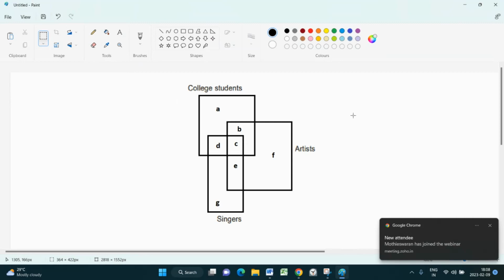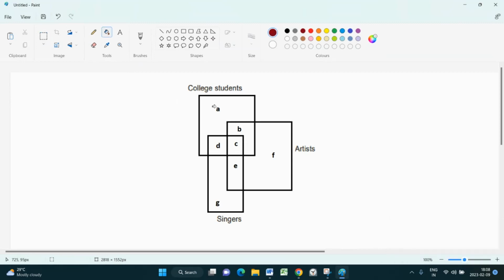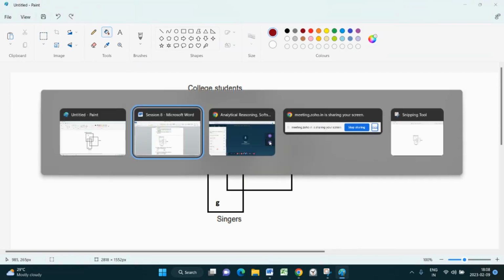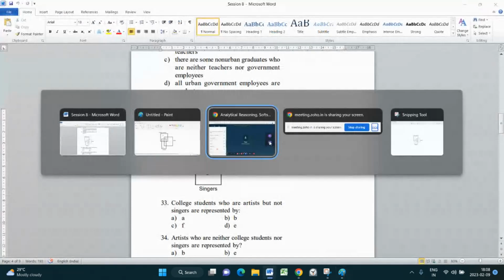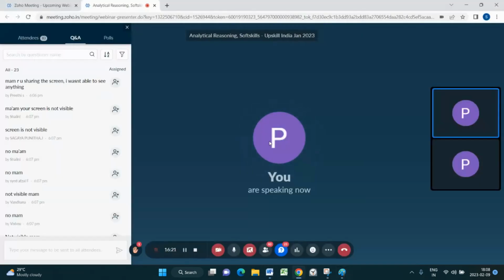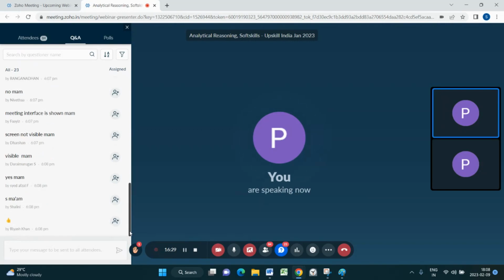As I drew yesterday, I drew the same again, because I can always fill it like this to check the problem and the solution. To get the solution, it is much easier for me to do this. Okay, now you are all able to see my screen. Yes, correct.